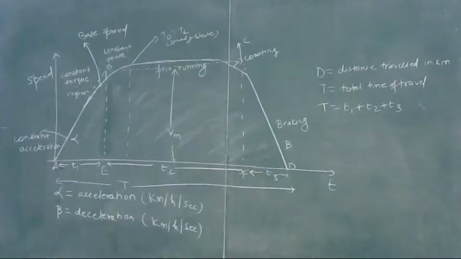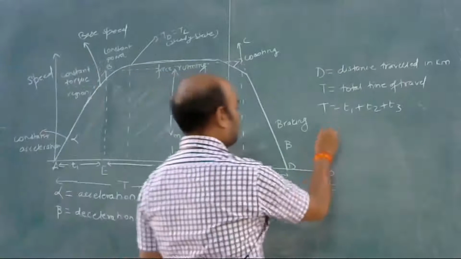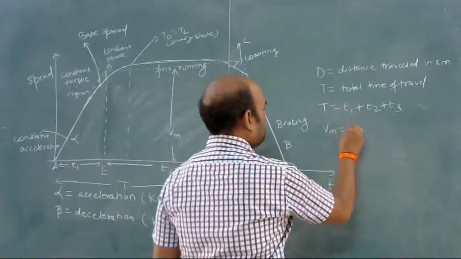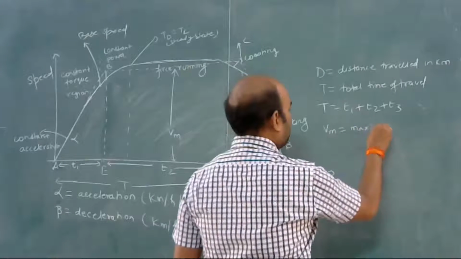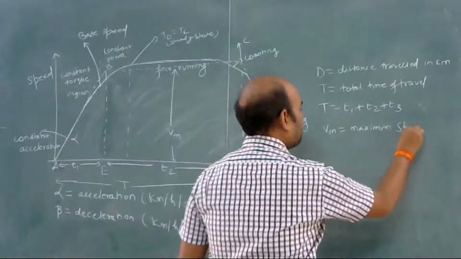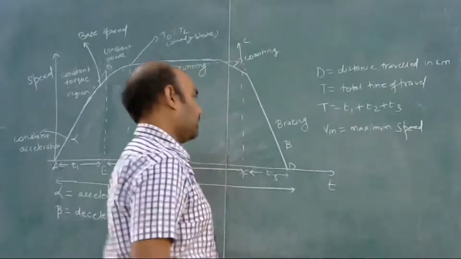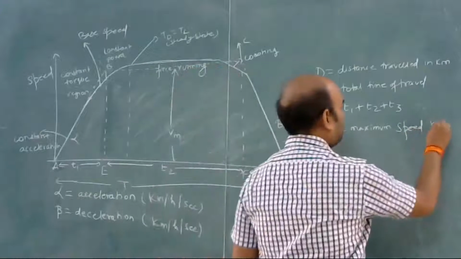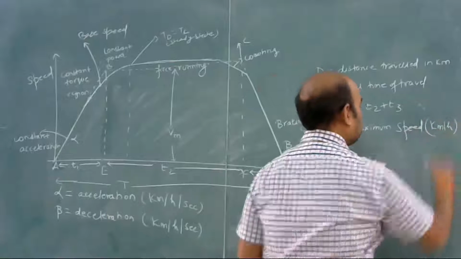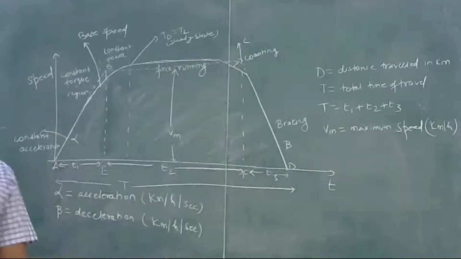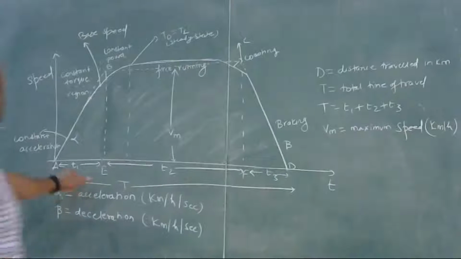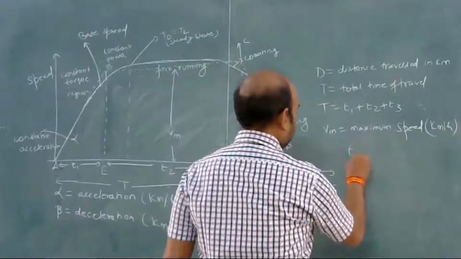Okay, so maximum speed. So Vm is the maximum speed that this locomotive can attain. It is in kilometer per hour. Okay, so we are assuming Vm, velocity of the train, in kilometer per hour.